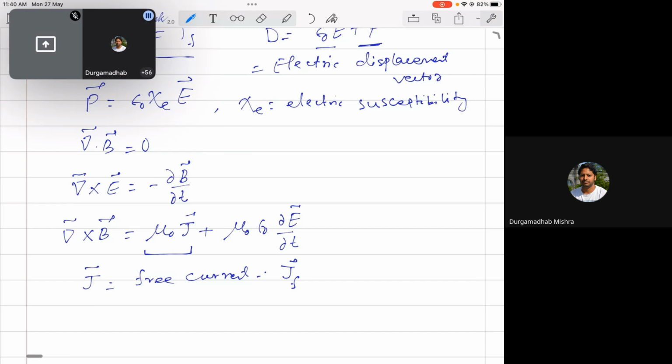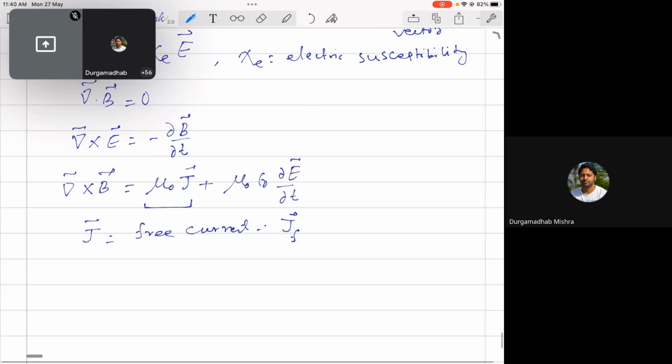Similarly, if I have a magnetic field in a material, the magnetic field can also induce a magnetic dipole. Okay, so this B field in a material, like in the case of an atom we saw, I have again a similar picture. I have an electron revolving around a nucleus.